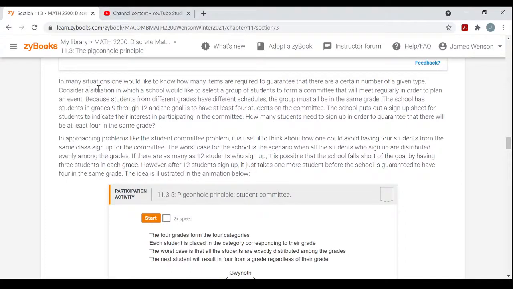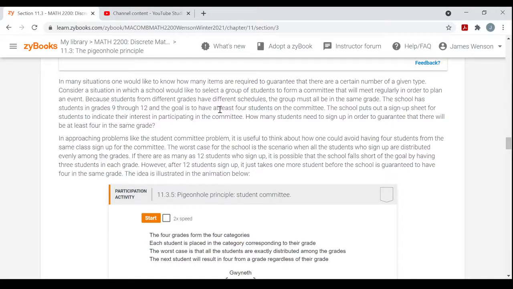All right, so consider a situation in which a school would like to select a group of students to form a committee that will meet regularly in order to plan an event. Because students from different grades have different schedules, the group must all be in the same grade. The school has students in grades 9 through 12, right, so 4 different grades.